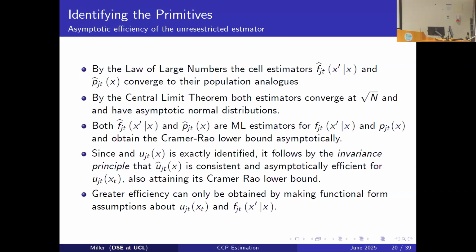Well, the model's exactly identified. And that means you could estimate the conditional choice probabilities, put no structure on them. If you didn't put any structure on them, you'd get the maximum likelihood estimators for the CCPs. You'd estimate the transition probabilities.